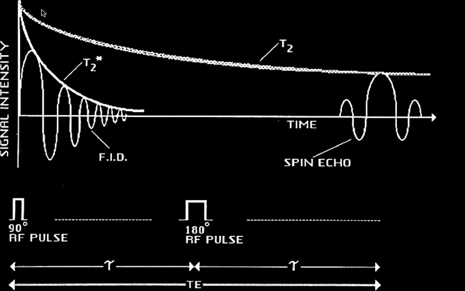It has to do with the fact that each hydrogen has its own frequency that it spins at, and those spins interact with each other and attenuate the signal.